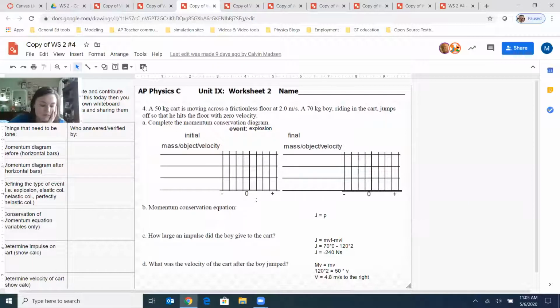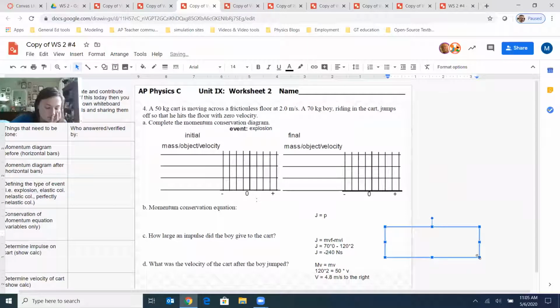So I don't think I agree with the impulse. I think the impulse for this would be equal to the impulse on the boy, equal and opposite anyway. And so let's see, that would be 70 times 0. I think I agree with that.